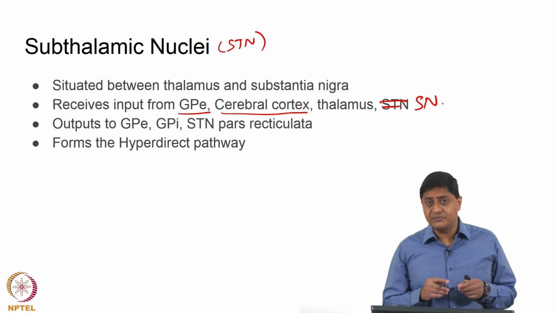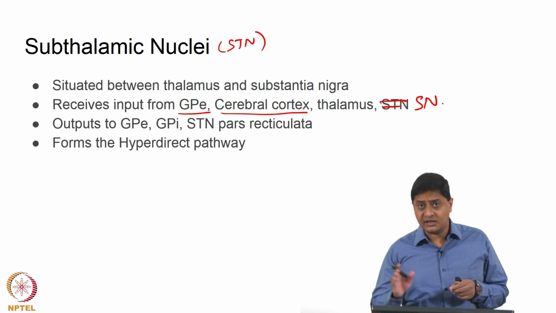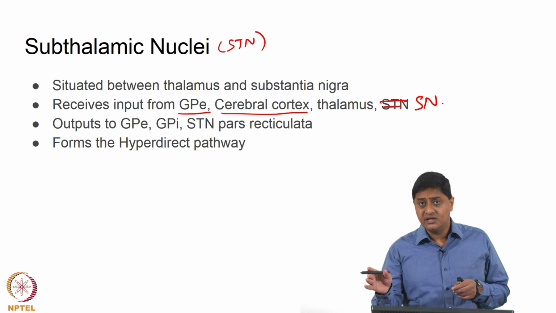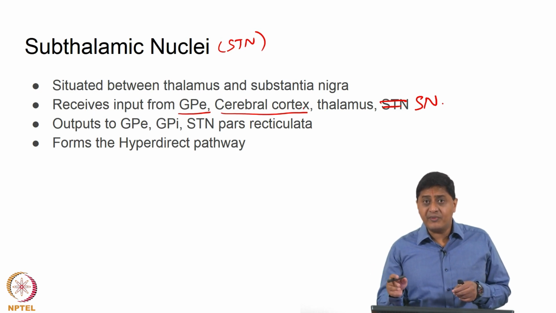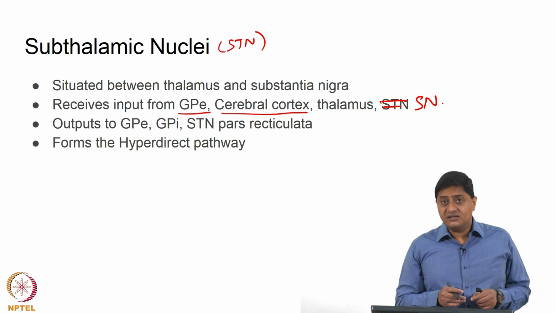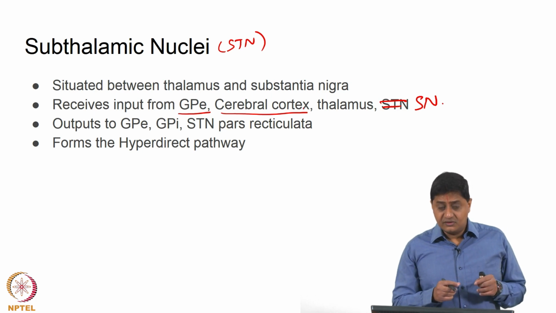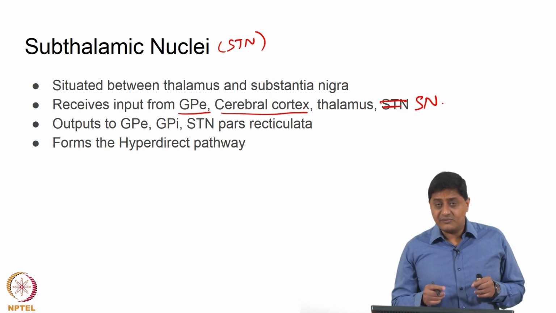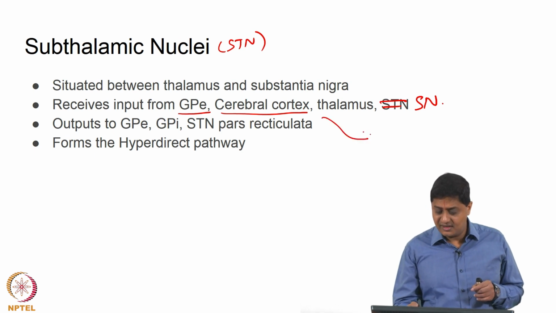That means, if it receives input from the cortex and it directly projects to GPi, it forms a more direct pathway. It bypasses the striatum, which is a major input structure, right, which is why the pathway that comes from the cortex through the subthalamic nucleus to the globus pallidus internus is also called the hyperdirect pathway.